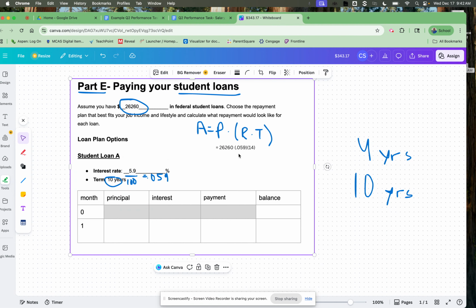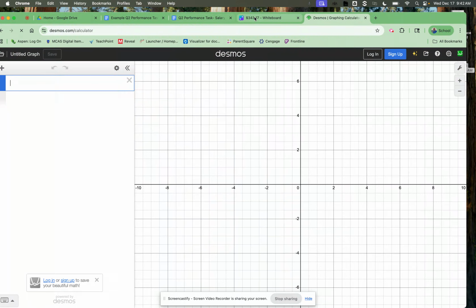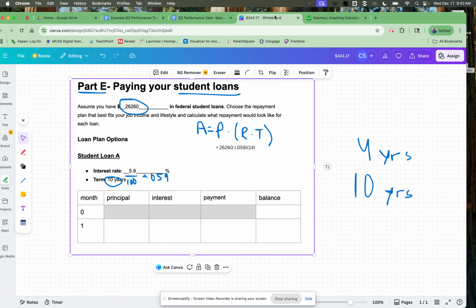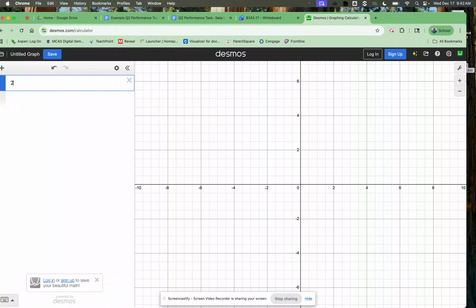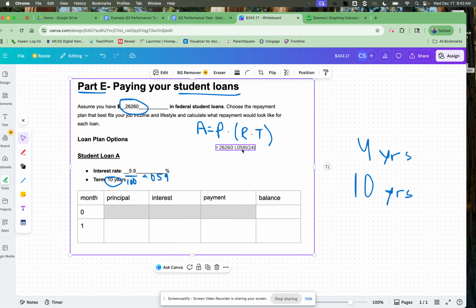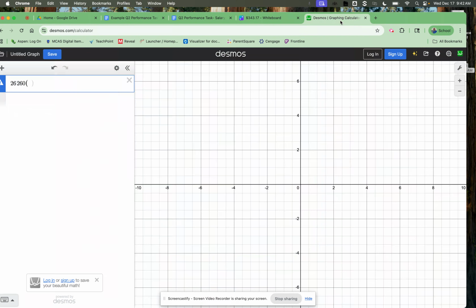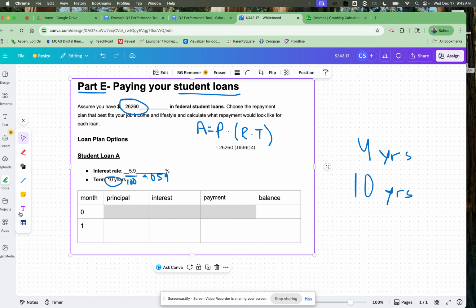So I'm going to put this in, this is going to calculate how much interest I'm going to owe. So 26,260 times the interest, 0.059, times 14 years. So 21,690.76.